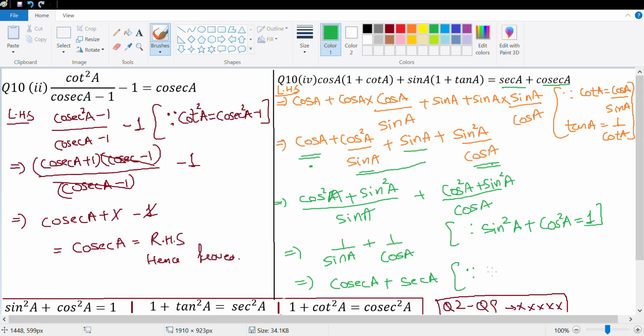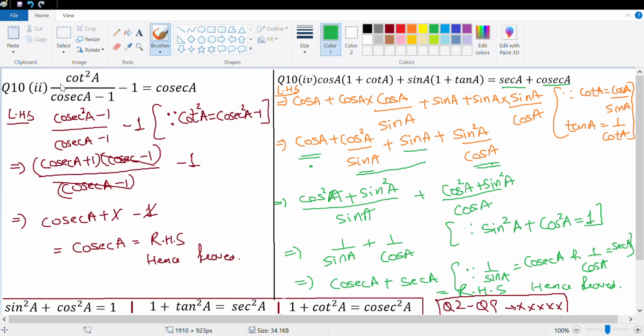So since 1 upon sin a is equal to cosec a and 1 upon cos a is equal to sec a, this is equal to my right hand side, so hence proved. Done. Simple question but interesting, where we needed to group these 2 terms after opening the bracket separately. Let's look at the next question.